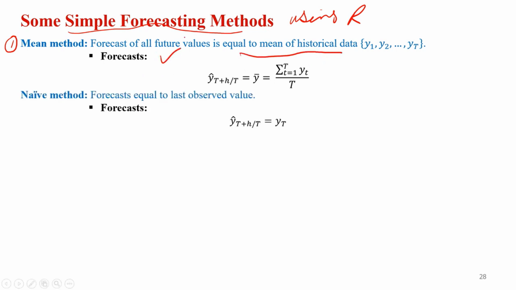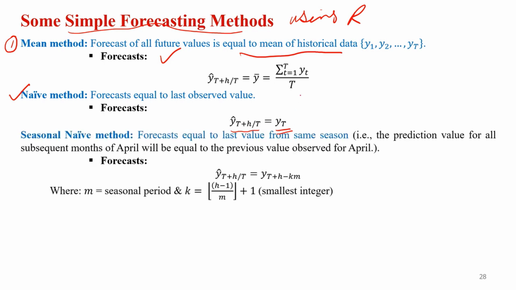The second method we are going to discuss is the naive approach, or naive method. In this method, we are saying the future value is going to be equal to the last observed value, or the last actual value of the data set. In the seasonal naive method, we are saying that whatever the last season's values are, those are going to be equal to the future values.